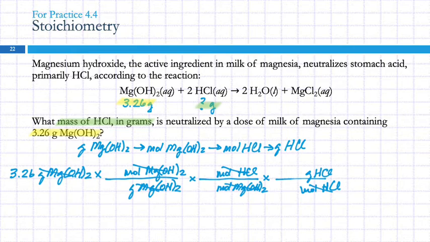Well, I've got my moles in the middle, and that's my easy one. How many moles of HCl from the equation? 2. 2 moles of HCl, and how many moles of magnesium hydroxide? 1. Then I need molar masses of both of those compounds.